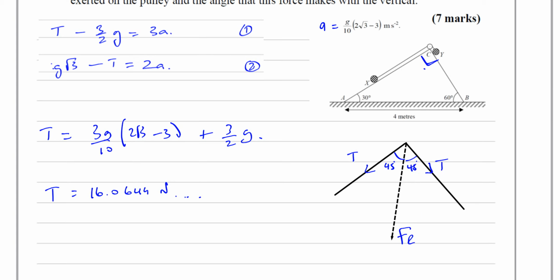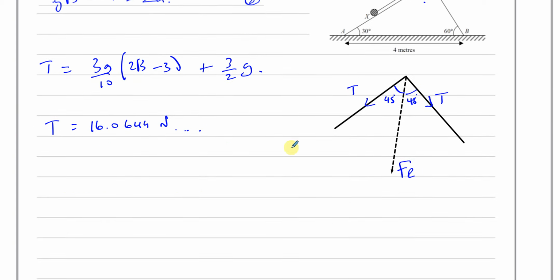So a very simple way of doing this without having to use the sine rule or the cosine rule or anything else like that, which would be possible, or even trigonometry, is simply to resolve this force into this 45 degrees and also that one. So you got T times cosine 45 will resolve that tension going into the angle. And then you got another T times cosine 45 going into the angle there.